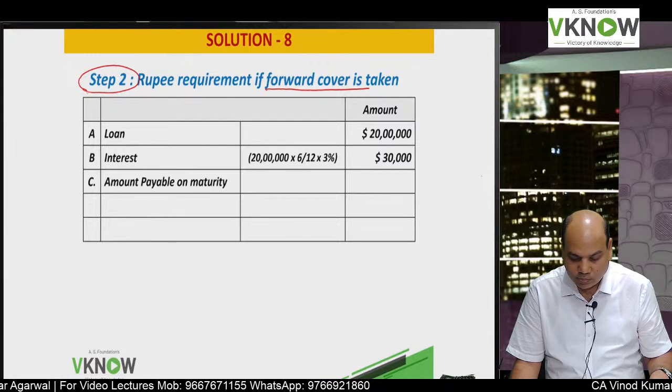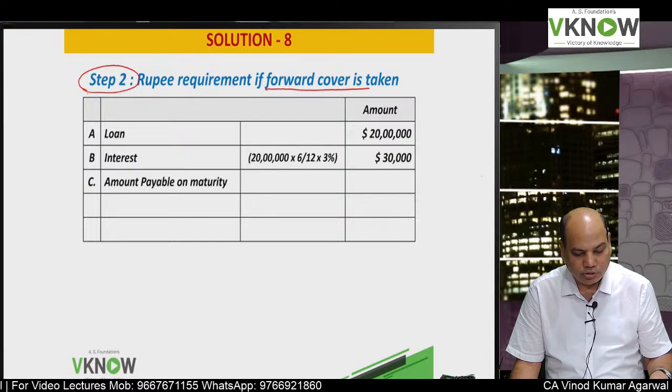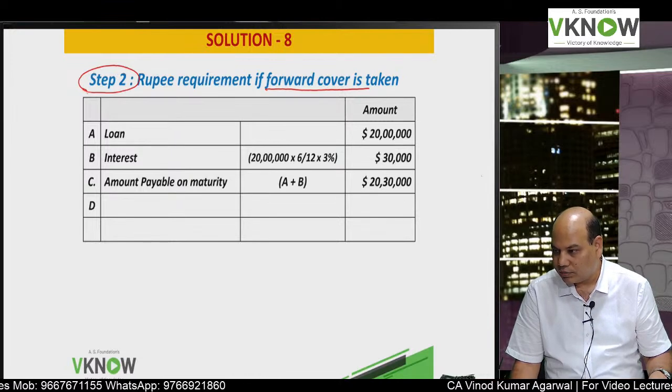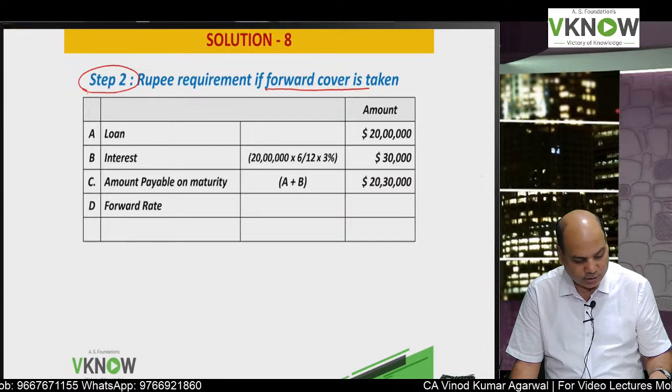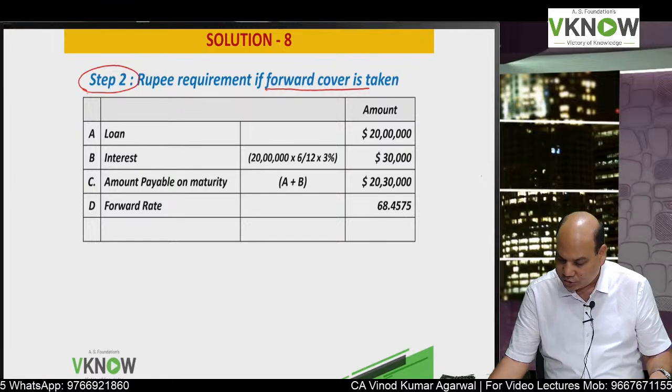Next, write down amount payable on maturity. Amount payable on maturity is A plus B: $20 lakh plus $30,000. Forward rate, write down, which is given in the problem.